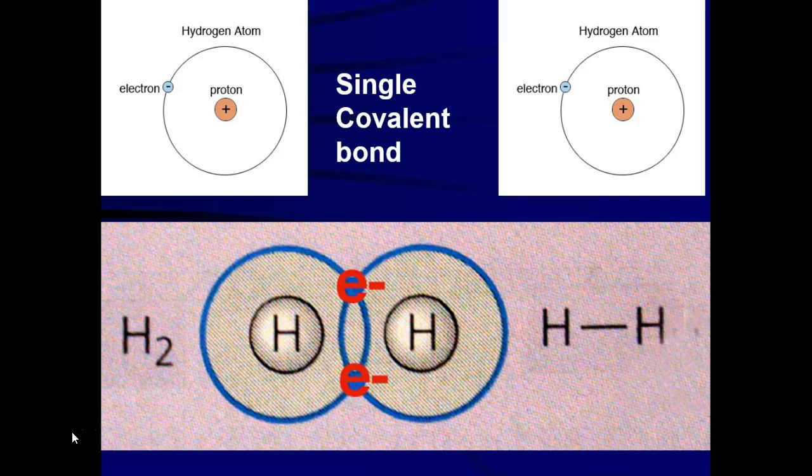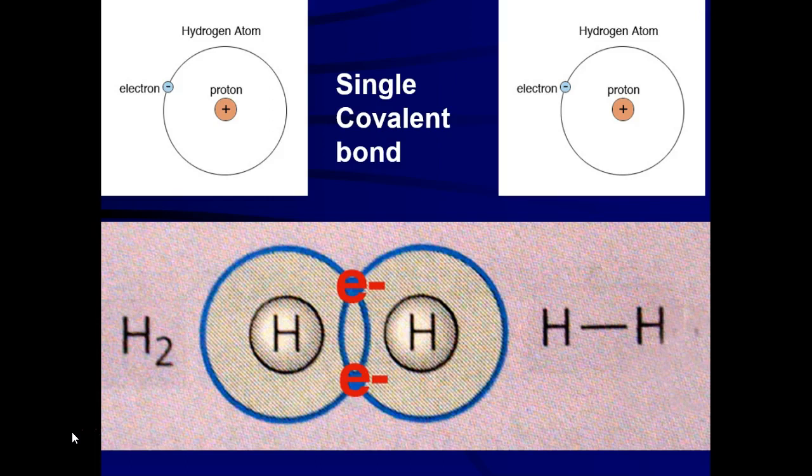Valence is the outermost shell of an atom. And covalence, think of co-captains or co-pilots, working together to perform a particular job. They're sharing power, sharing responsibility. So in this case, they're sharing a valence shell.